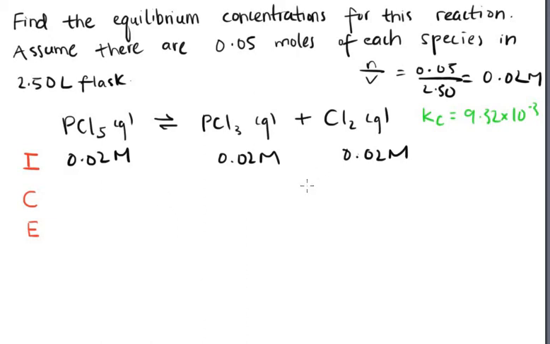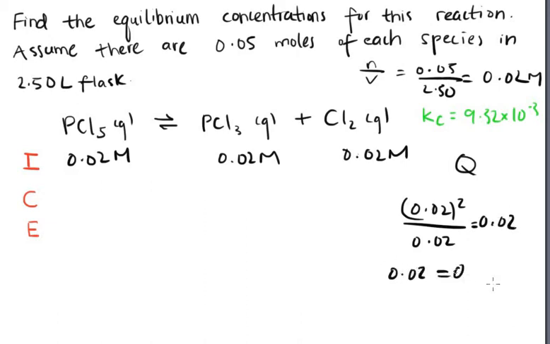Again, the first step I'd do for any of this is to find the reaction quotient Q, because finding Q will tell us which way the reaction goes, right or left. And that's just 0.02 squared divided by 0.02, which equals 0.02, and 0.02, which equals Q, is greater than Kc, which is this.